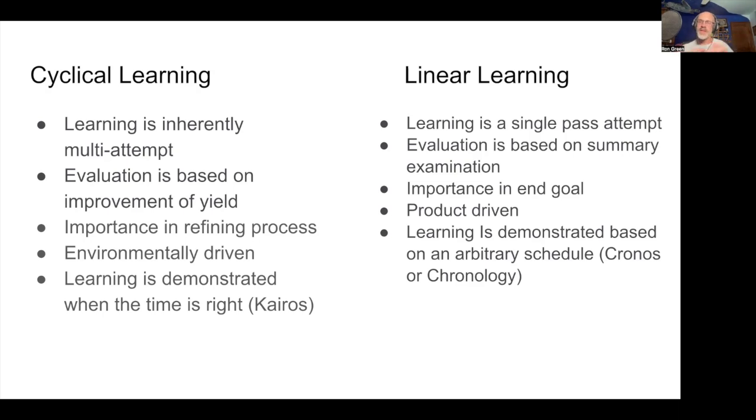Kairos is completely different because, why should you eat if you are not hungry, right? Why do things when it's not the right time? And so in cyclical learning, the concept is very much about identifying when the right time to do it is.